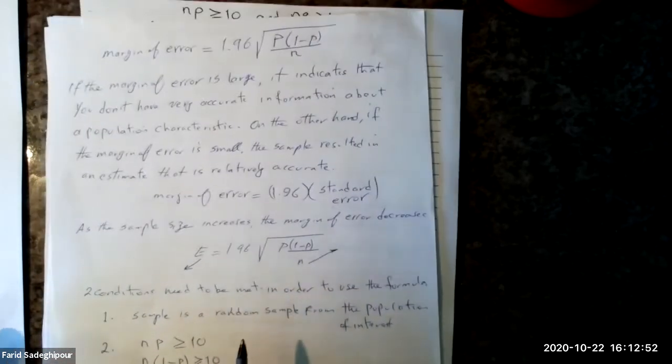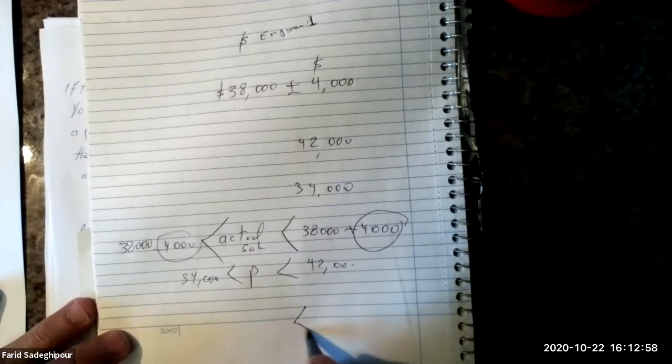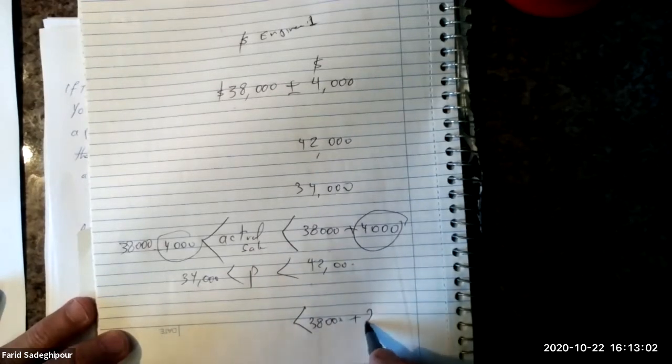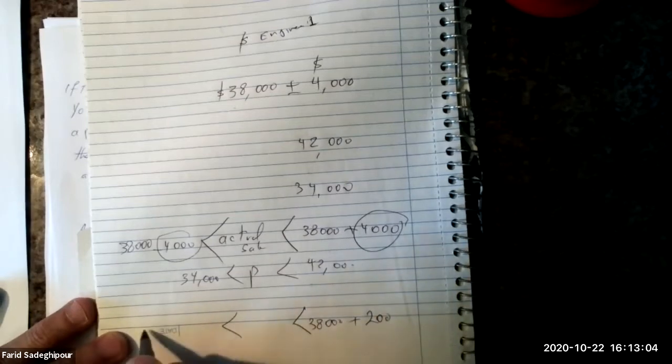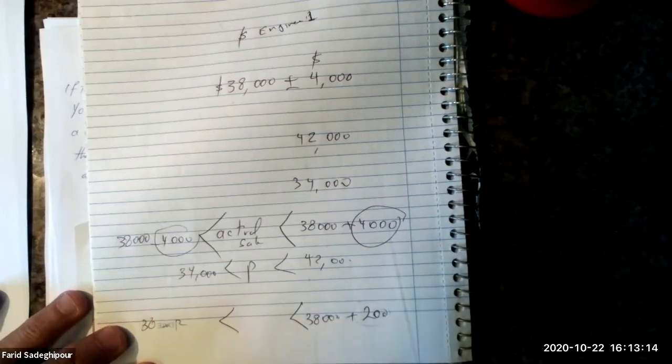So here, if you want to reduce this, then you just say the salary is between 38,000 plus $200 and 38,000 minus 200. It's just exaggerated, but that shows that this number is small. So you feel comfortable that your salary is probably around 38,000.